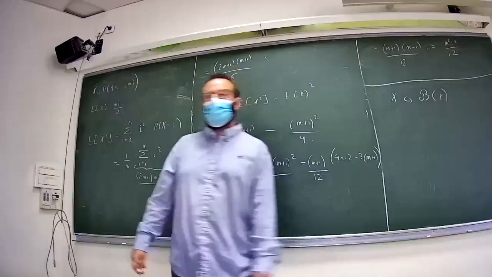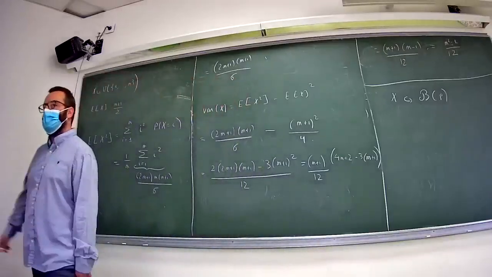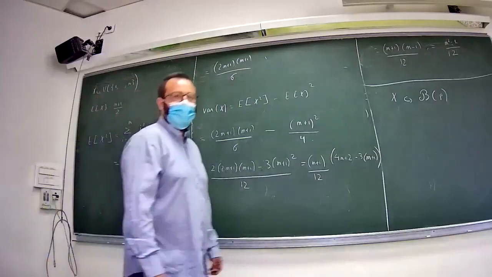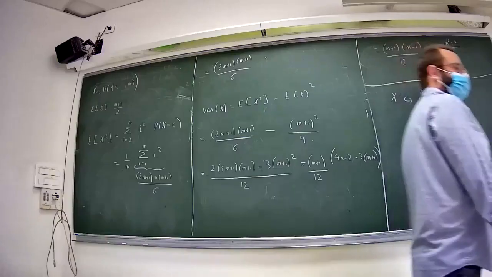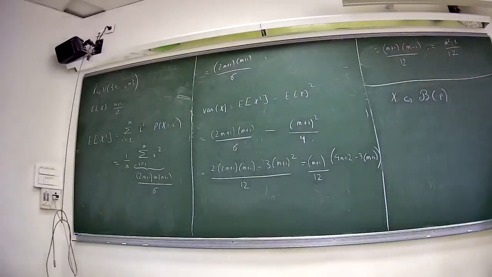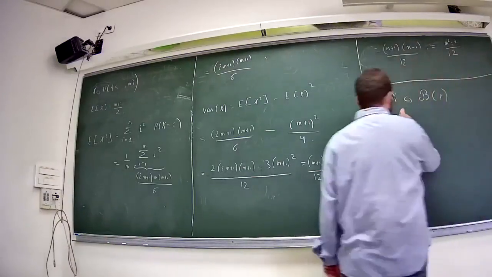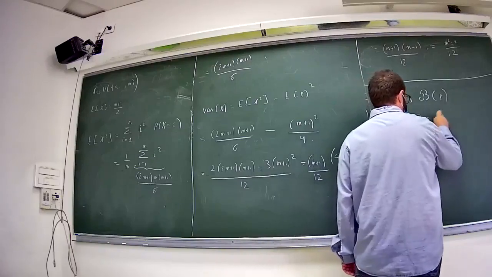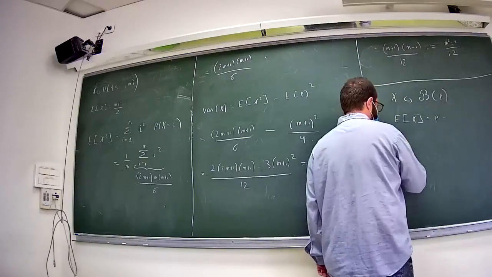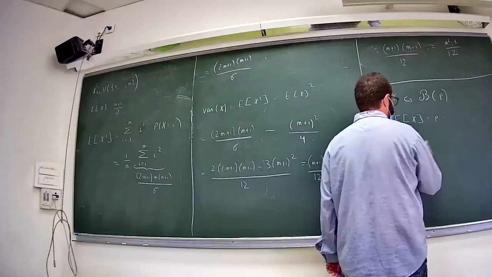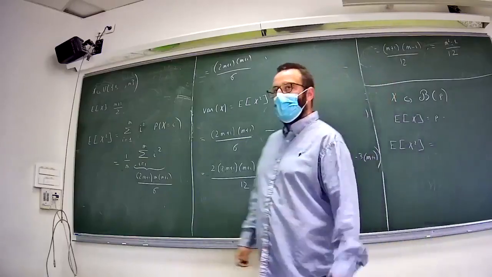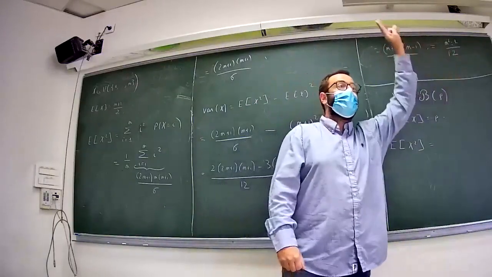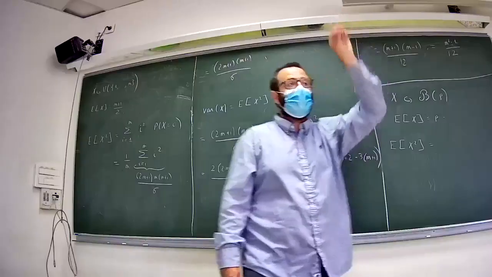For the Bernoulli of parameter p, what is the expectation in this case? So I have to compute the expectation of x squared, but here I am in a very, very basic situation where I have only two values, 0 or 1.